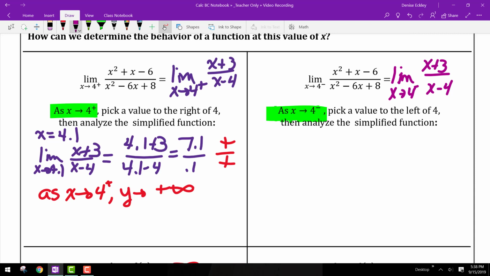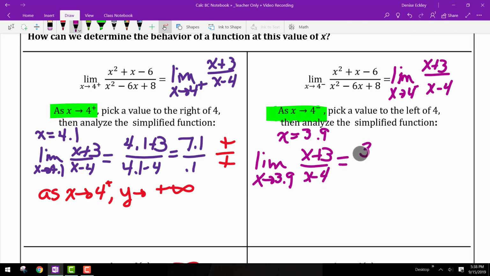In this case, I'm going to pick the value x equals 3.9. So substituting, I get 3.9 plus 3 over 3.9 minus 4, which is 6.9 over negative 0.1.